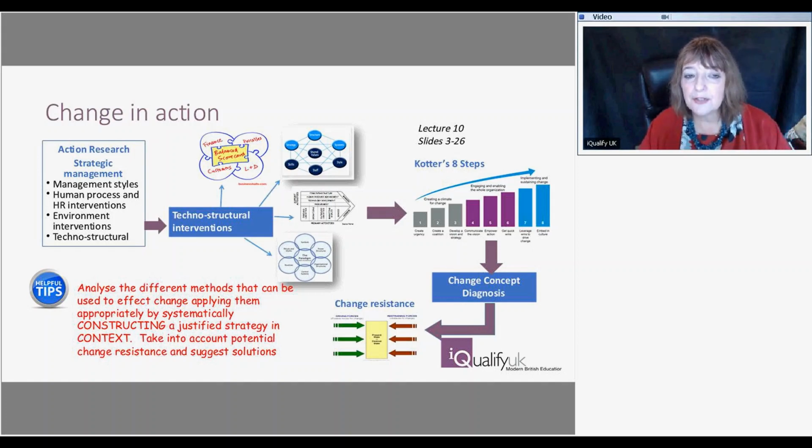That leads us to techno-structural interventions, where we looked at various models that you'll be familiar with, like the balanced scorecard, the shared values, the value chain, and also the cultural web. Those models, you've come across them lots of times before, but they are looking at change in action and using those existing models to make something new happen.